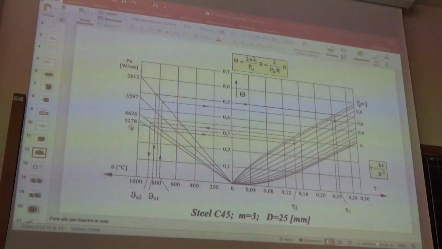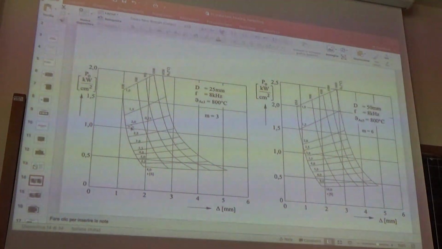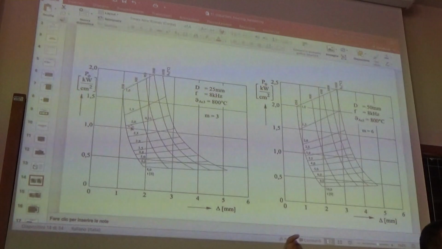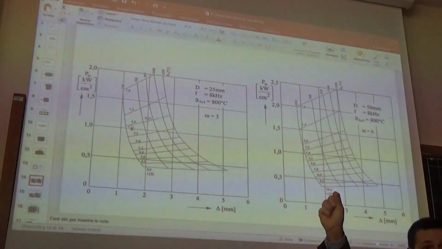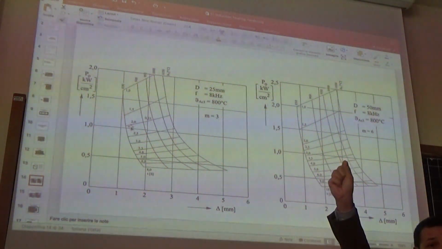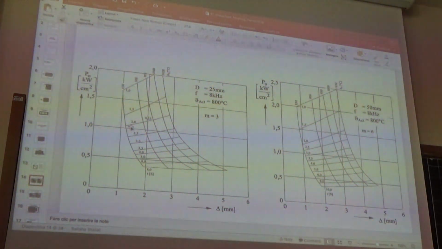So, we can draw such a kind of diagrams. Each point of this diagram is obtained by using the same procedure like in the previous slide. I use the power, I understand what is the layer that I need to transform, then I calculate the surface temperature, and then coming back. For each point, I did this procedure. So, what we can see from these diagrams?